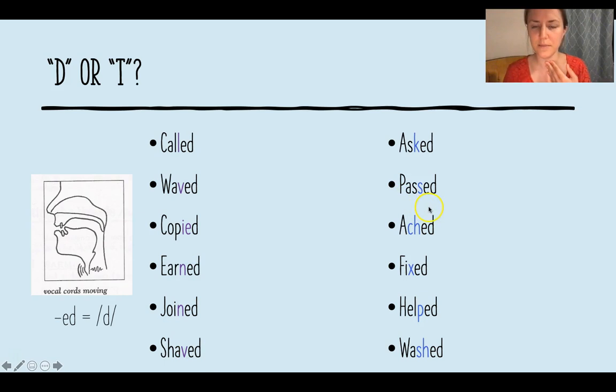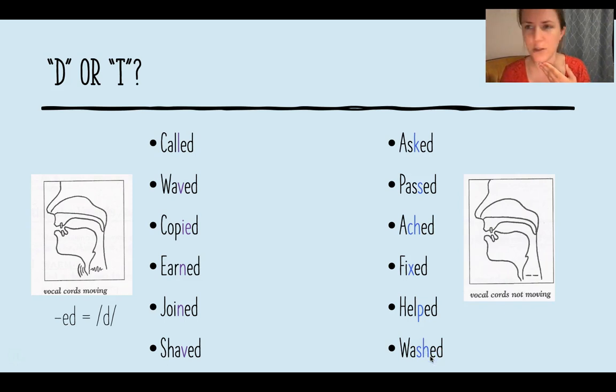Now over here, try saying these sounds. K, s, k, k, p, sh. Do you feel any vibration here? You shouldn't. The vocal cords are not moving with these sounds. These are whisper sounds.